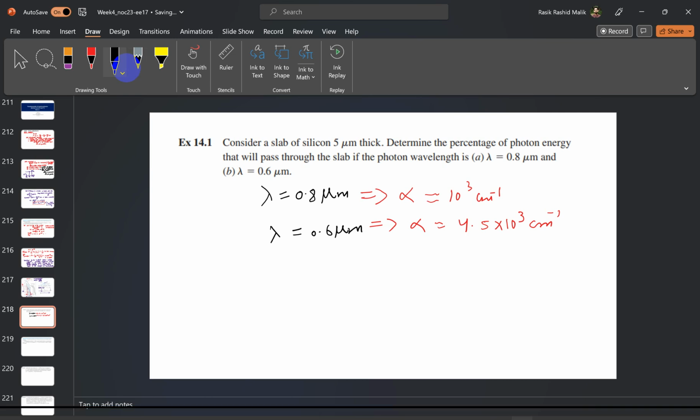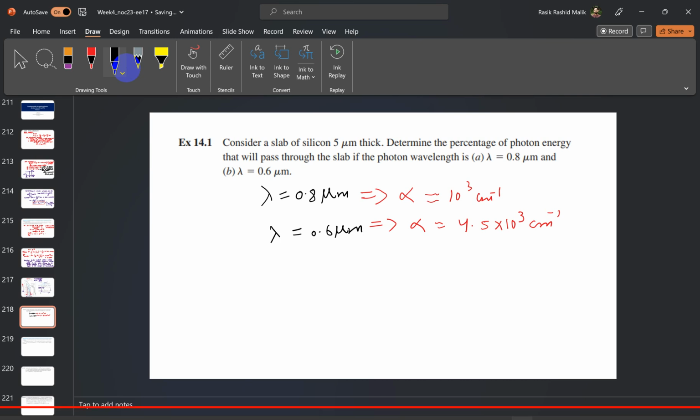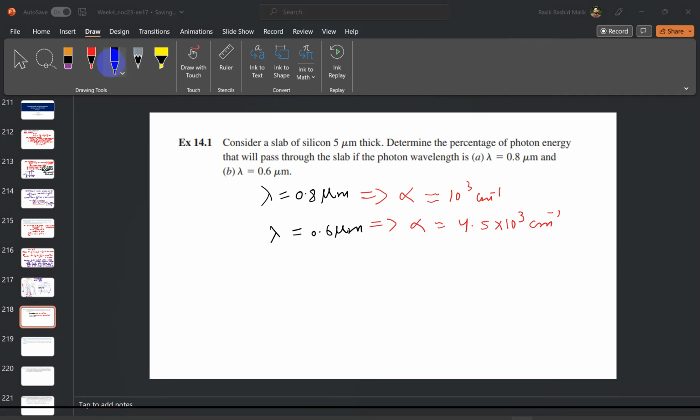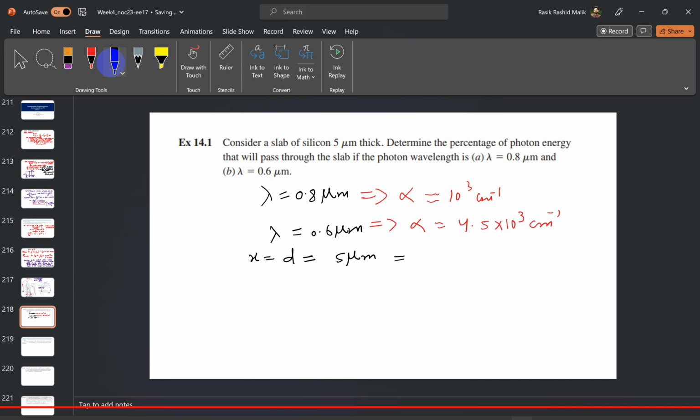Okay, so now we have again the distance given, and we have to determine the percentage of photon energy that passed. So the distance is x equal to t, that is given to be equal to 5 micrometer. We'll write it in centimeter units, so that will be 5 into 10 to the power minus 4 centimeter. Now for case 1, this is case 2.